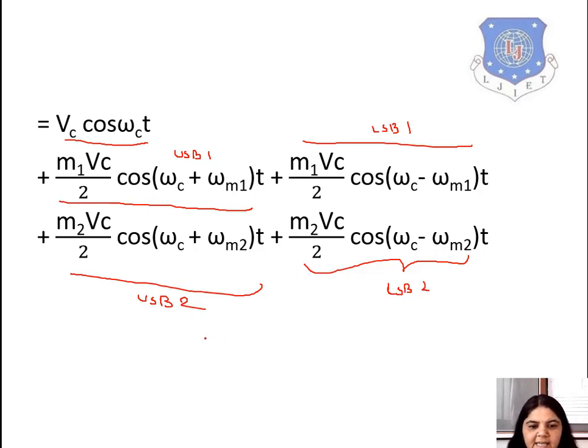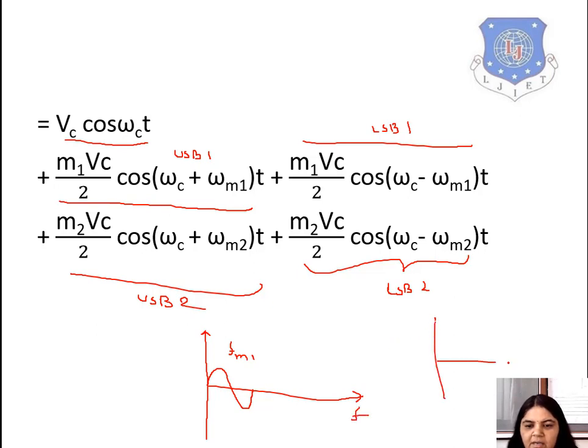So over here we have two frequencies. One is the modulating signal having the frequency fm1, and the other frequency, suppose, is fm2.